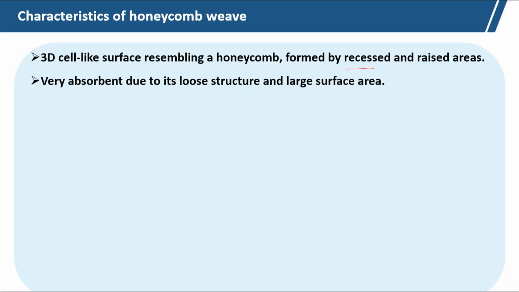It is very absorbent due to loose structure and large surface area. Due to the 3D surface, like this type of large surface area, it absorbs liquid very quickly and is highly absorbent.